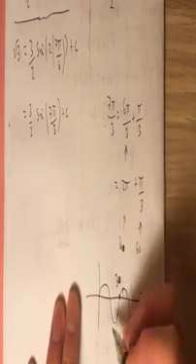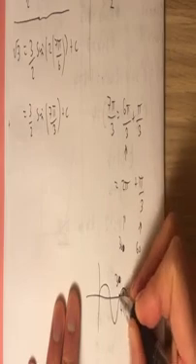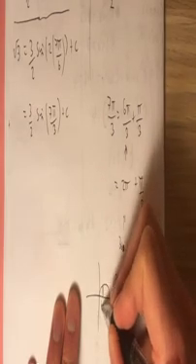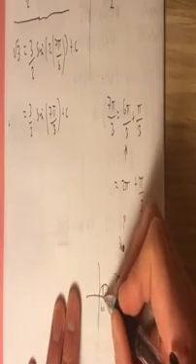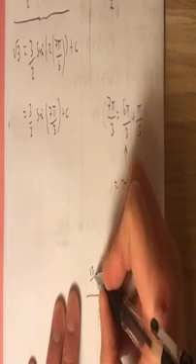So the question is, what is sine at 60 degrees? And the answer is root 3 over 2.